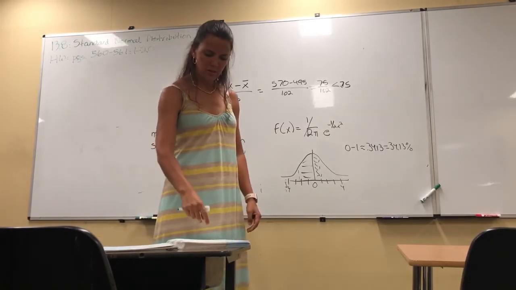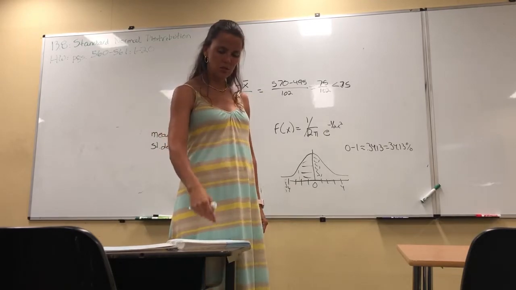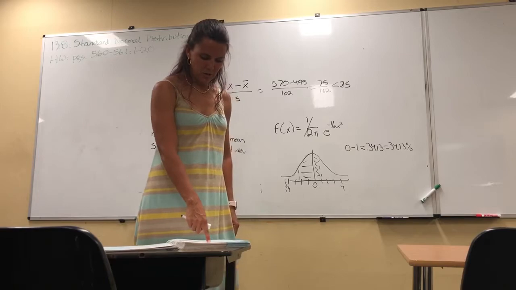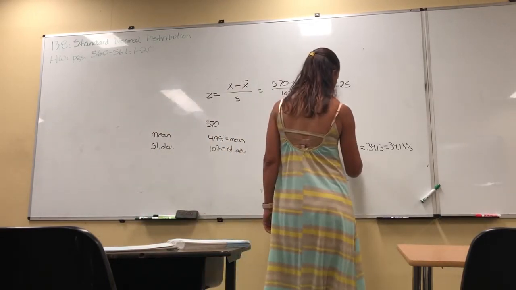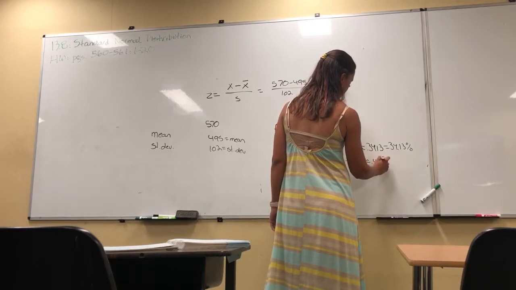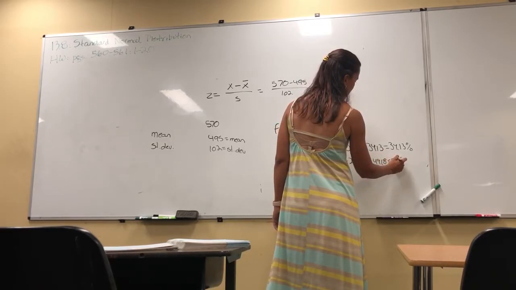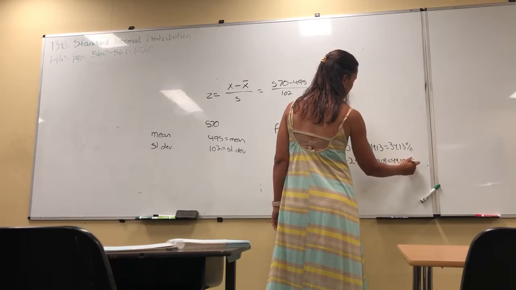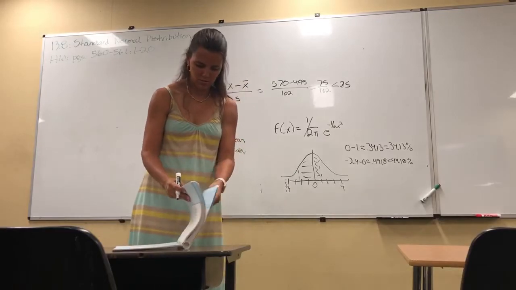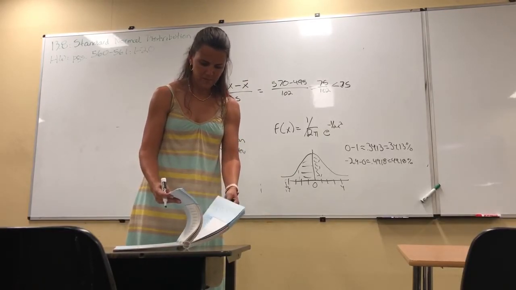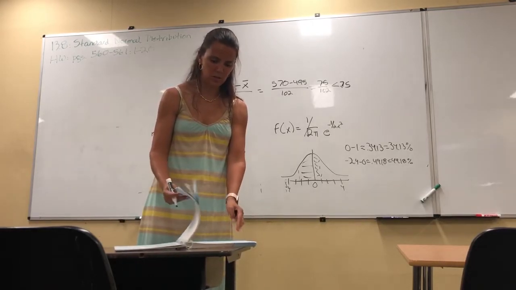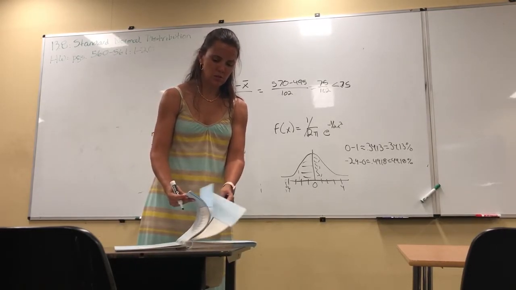So again, I'm going to go down this table, and in this case I only need to use the column on the left, go down to 2.4, and the number is 0.4918. Which again is 49.18%. So that means that about 50% of your scores, not quite, right, are between 0 and negative 2.4 z-scores.